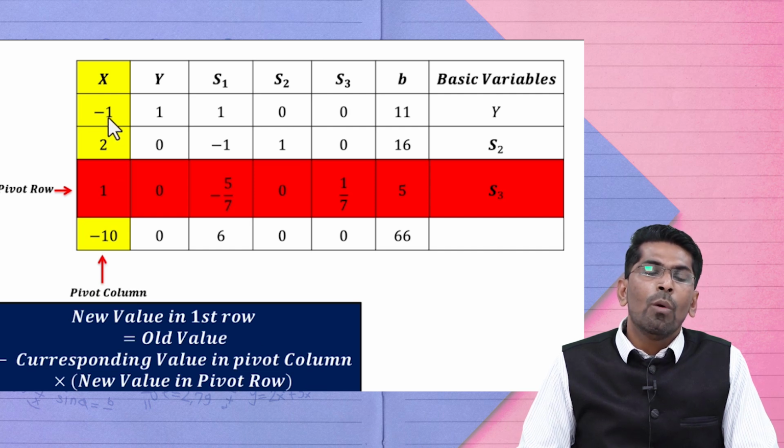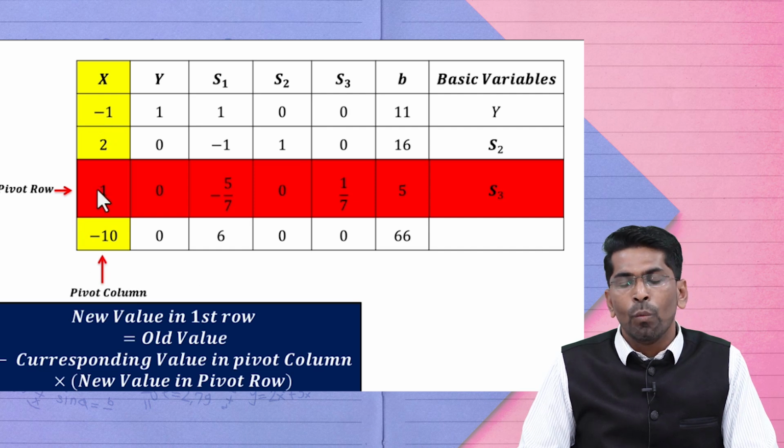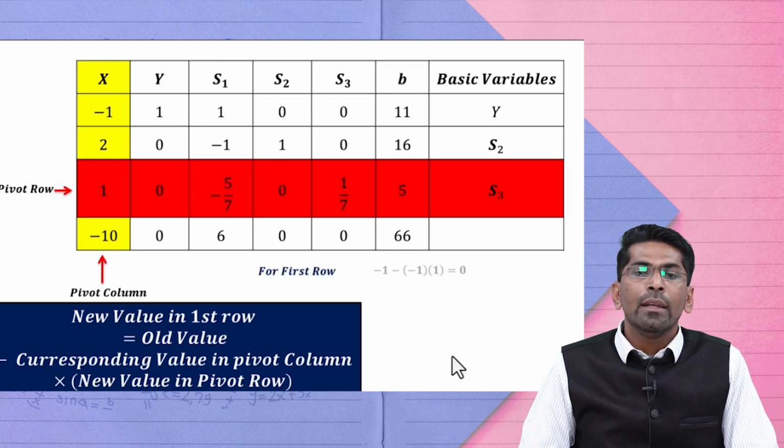So here the old value is equal to minus 1. The corresponding value in the pivot column is also minus 1. Then into the new value in the pivot row, which is equal to 1. So it is minus 1 minus minus 1 into 1, which is equal to 0. Similarly, the second value, 1 minus minus 1 into 0, is equal to 1.